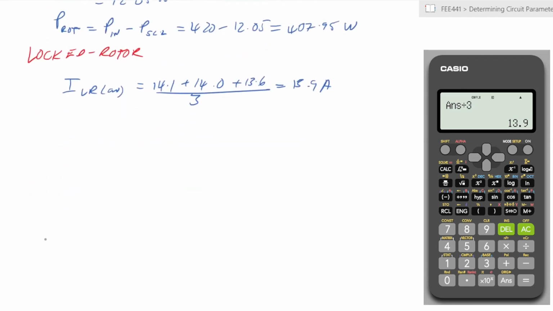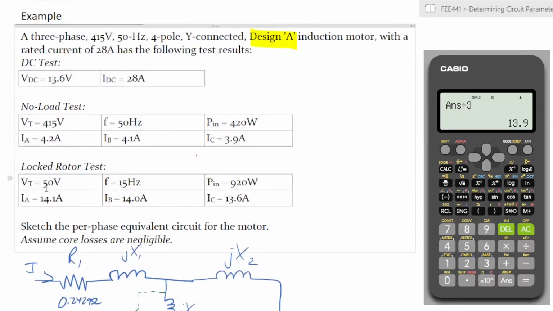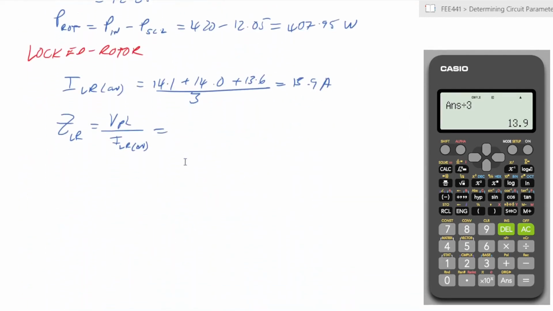Okay, and our impedance with the locked rotor is phase voltage over locked rotor current. So we know our phase voltage in the locked rotor test that we've been given. Note that we are using a lower or a reduced voltage and a reduced frequency because we don't want to damage the motor. Remember that this is running at almost the rated current, and we don't want to damage the motor by running too much current through it.